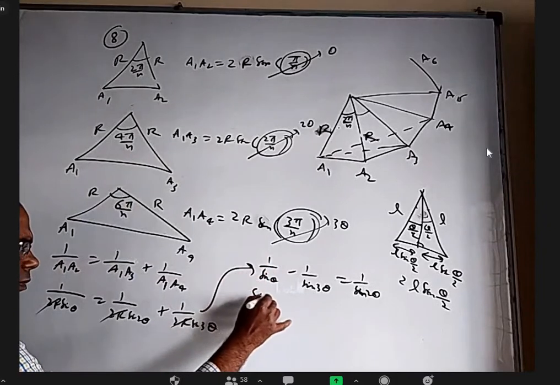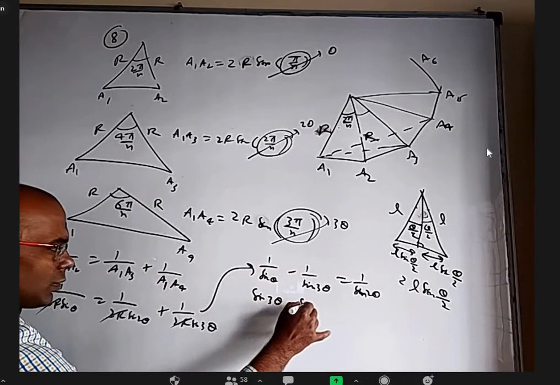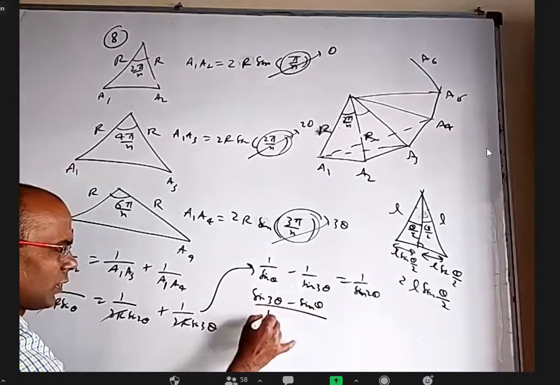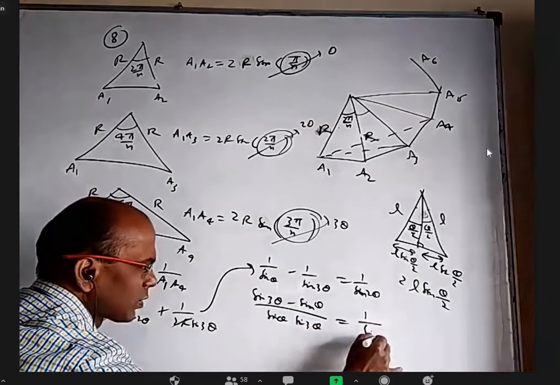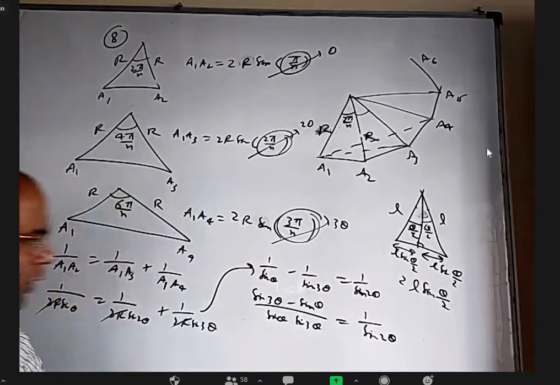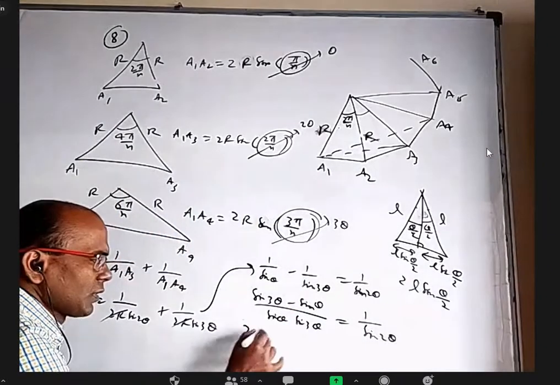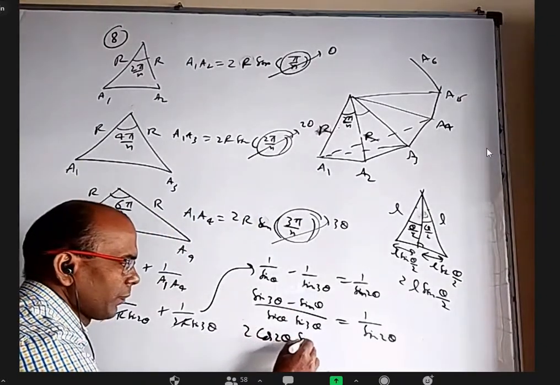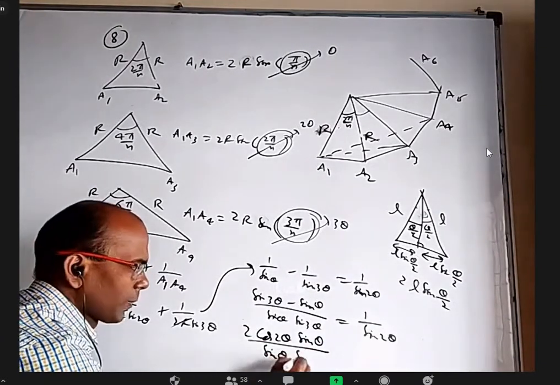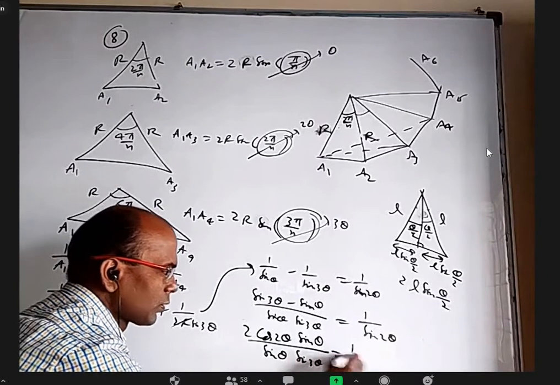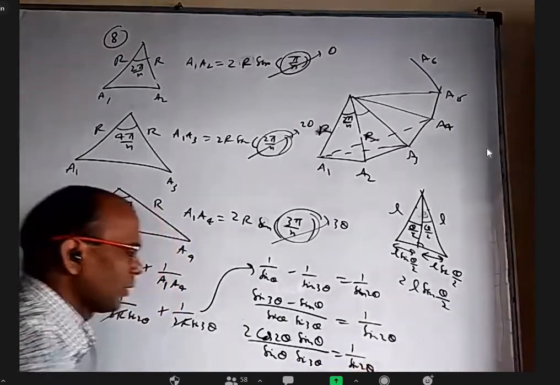1 by sine theta minus 1 by sine 3 theta equal to 1 by sine 2 theta. If I do cross multiplication, sine 3 theta minus sine theta by sine theta into sine 3 theta is 1 by sine 2 theta. When I apply transformations here, I'll get 2 cos 2 theta sine theta by sine theta sine 3 theta equal to 1 by sine 2 theta.